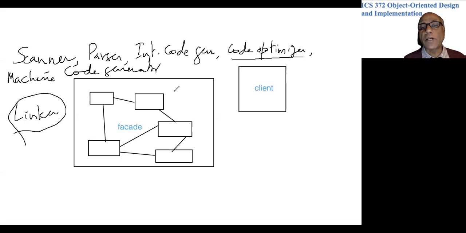So this could be your compiler, and this could be the scanner, this could be the parser, intermediate code generator, code optimizer, machine code generator, and so on. When you and I write programs, we are interested in compiling the programs. We are not too worried as to who does the scanning, who does the parsing, and who does code generation and all that.